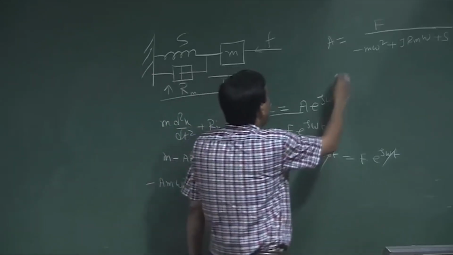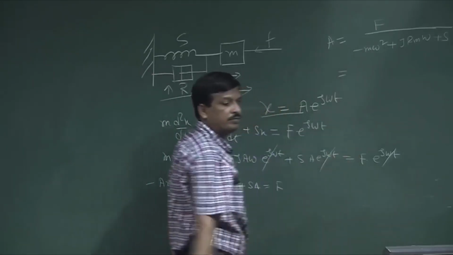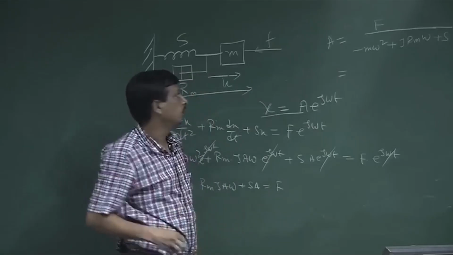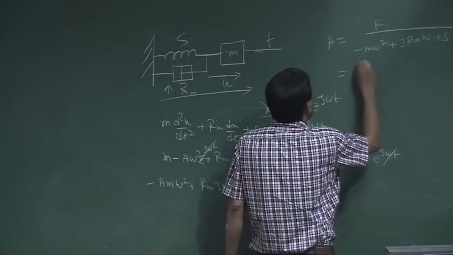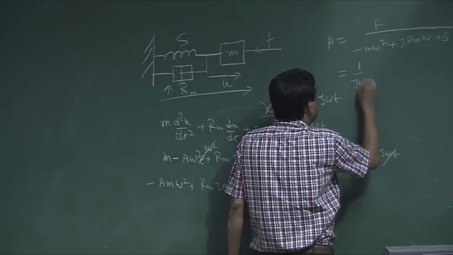Now, if I simplify that, I take j omega outside.